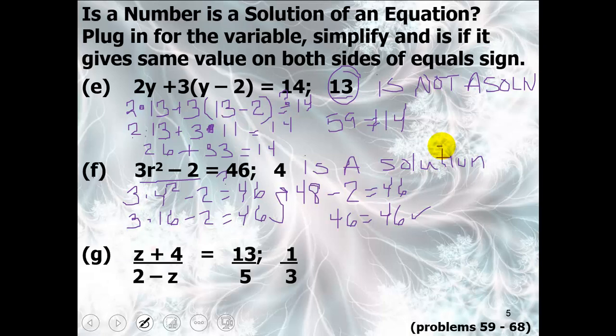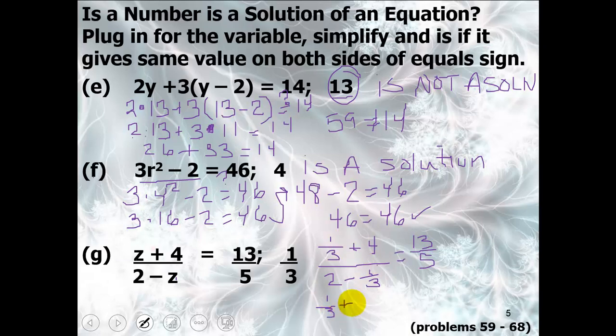G, we have fractions. Let's not be alarmed, okay? I'm going to plug into the top, and I'm going to plug into the bottom, and then I'm going to simplify the top and bottom separately. So I have 1/3 plus 4, and then I have 2 minus 1/3. And I want that to equal 13/5. Okay, 1/3 plus 4. Well, I want to get a common denominator up here.